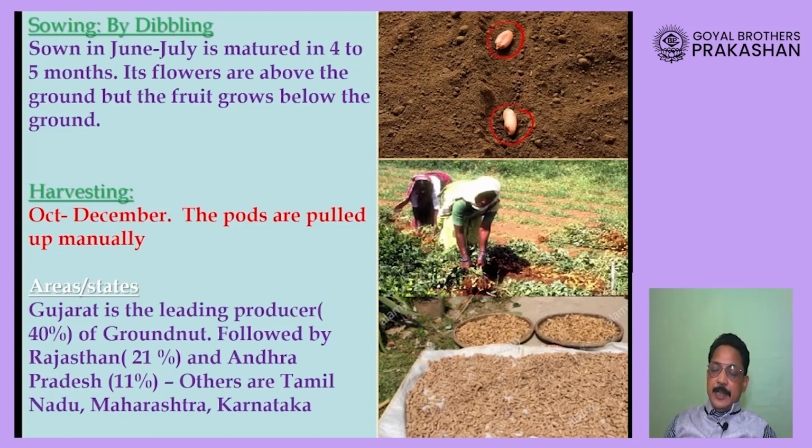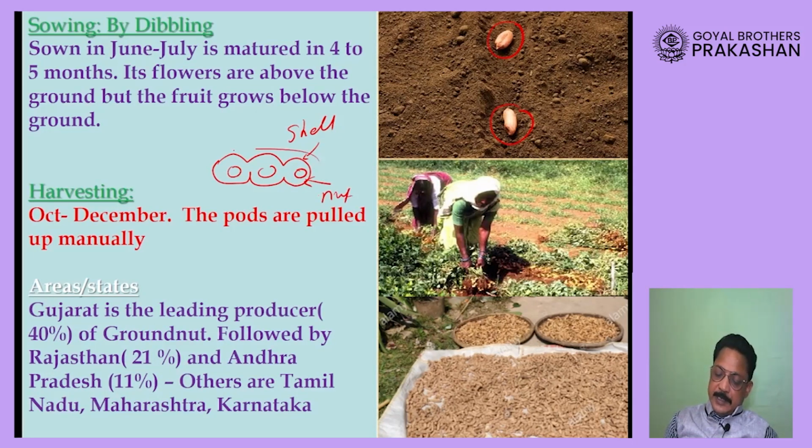Then harvesting means you will have to uproot this plant. This is the shell of a groundnut and inside is a nut. This entire structure is called a pod, and the pods grow inside the ground. So we have to manually pull out these pods and then dry them up.